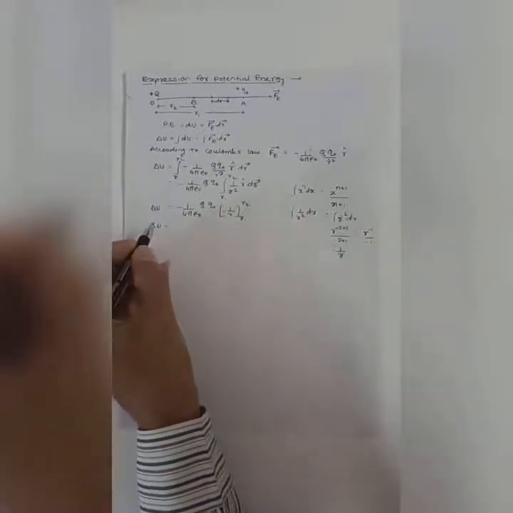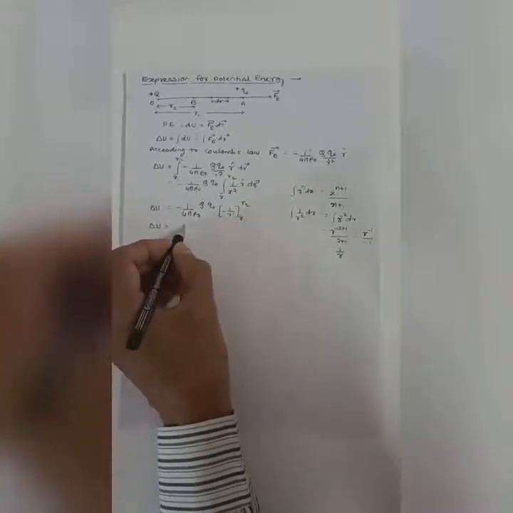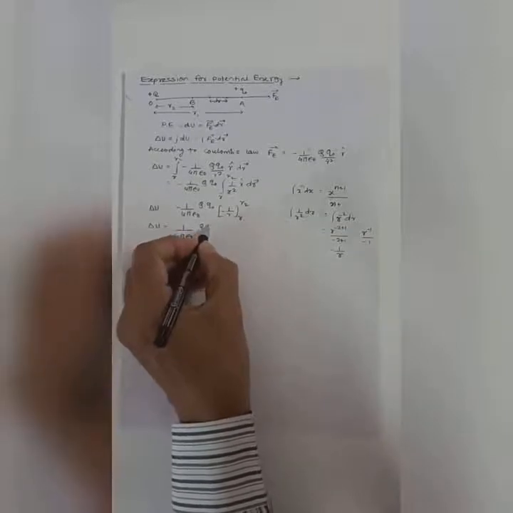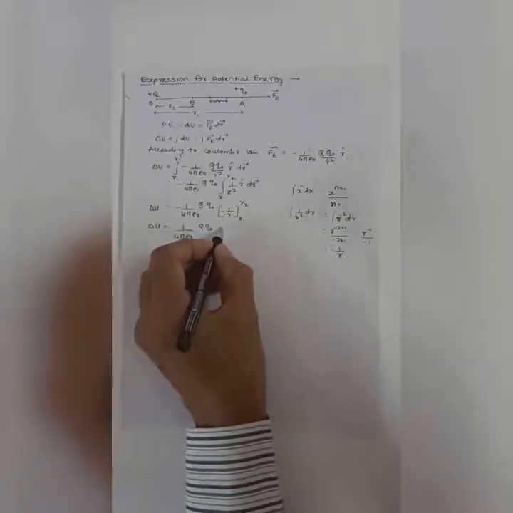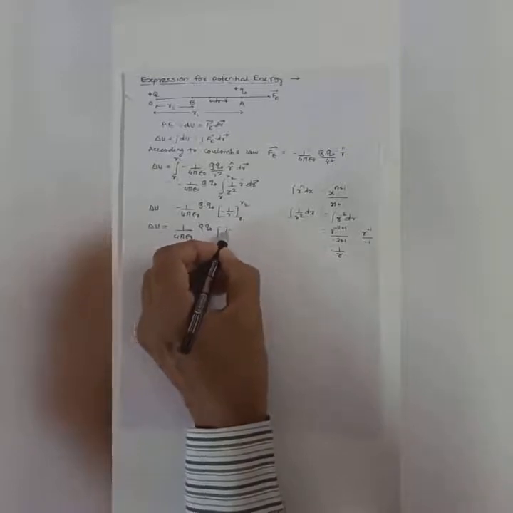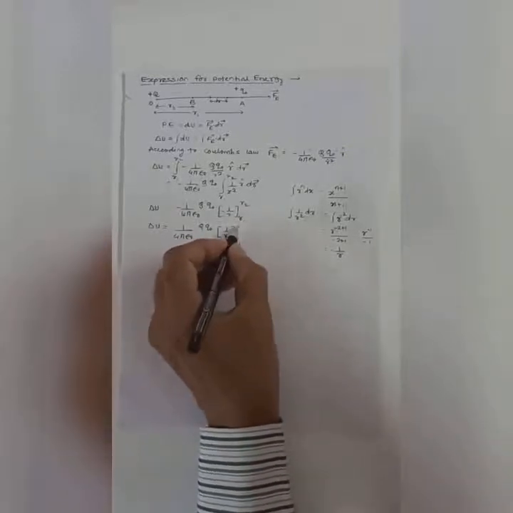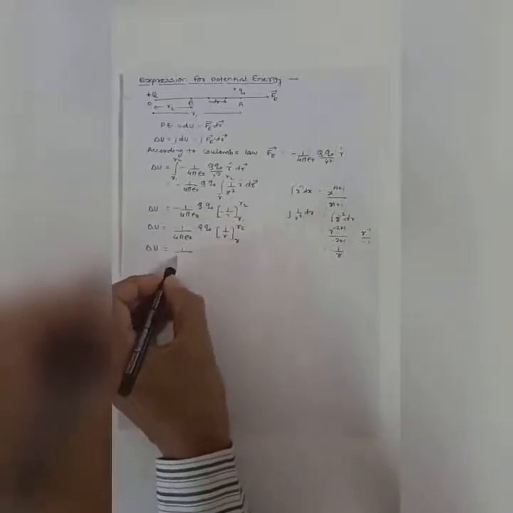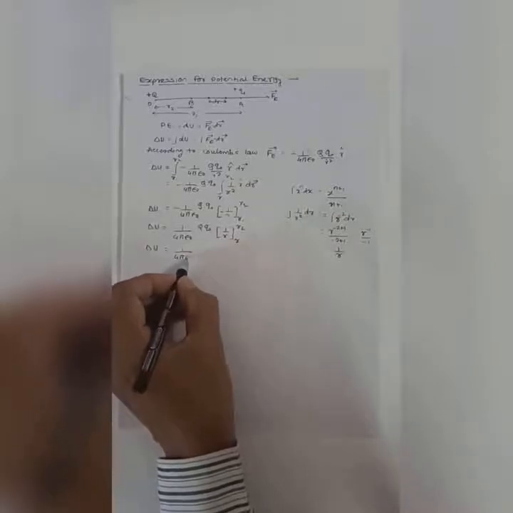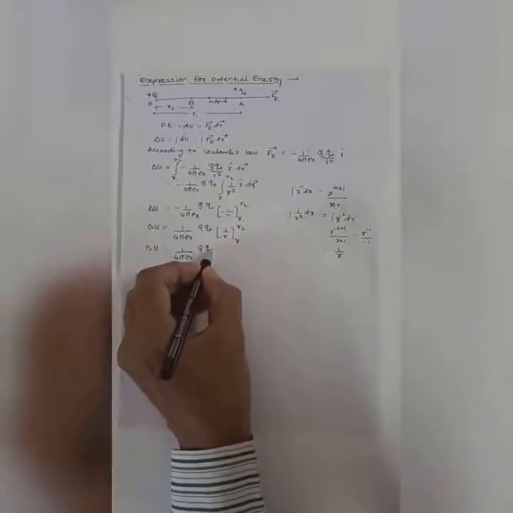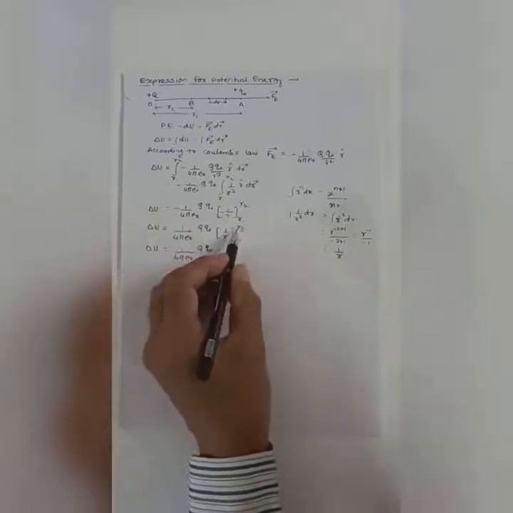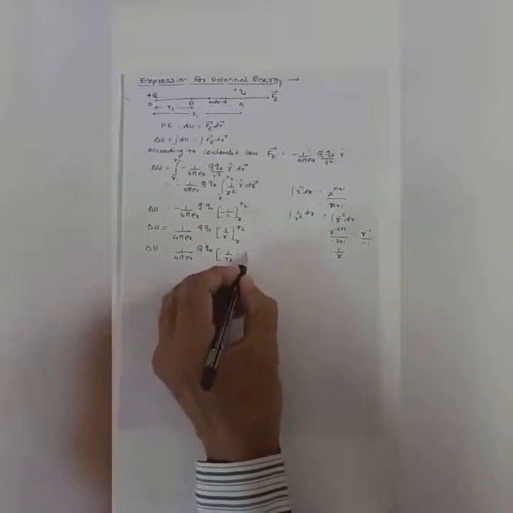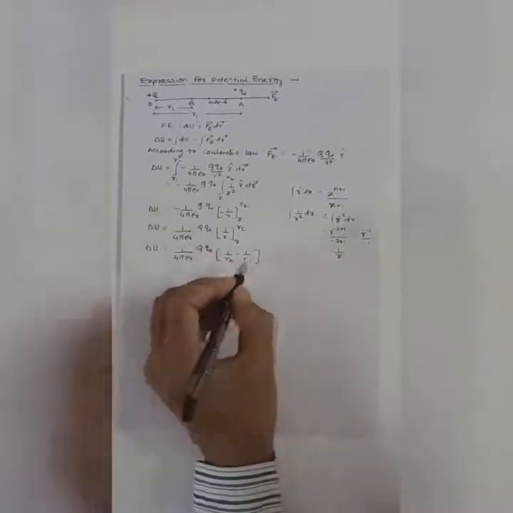So delta U is equal to minus minus, plus 1 upon 4 pi epsilon 0 Q Q0 into 1 upon r from R1 to R2. So delta U is equal to 1 upon 4 pi epsilon 0 Q Q0 in bracket, upper limit minus lower limit, 1 upon R2 minus 1 upon R1.